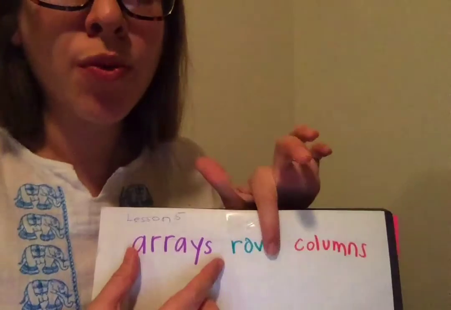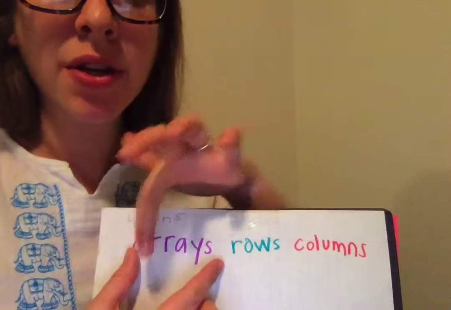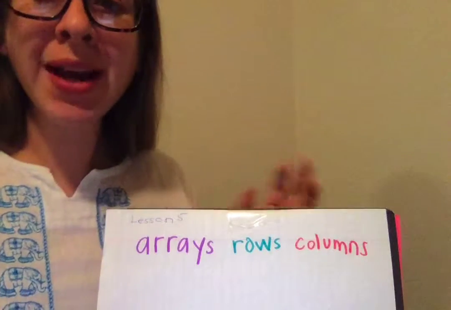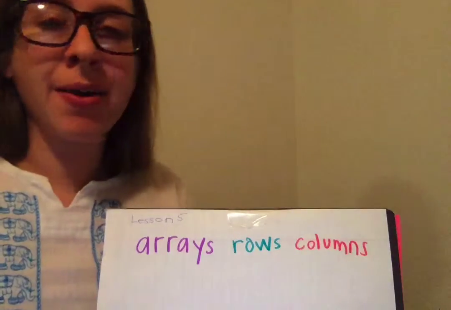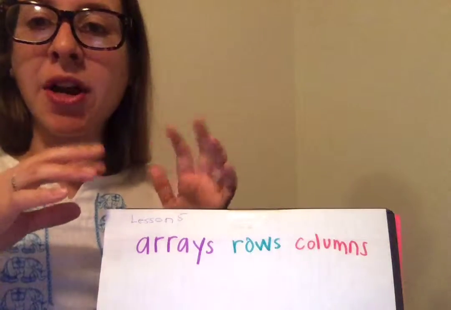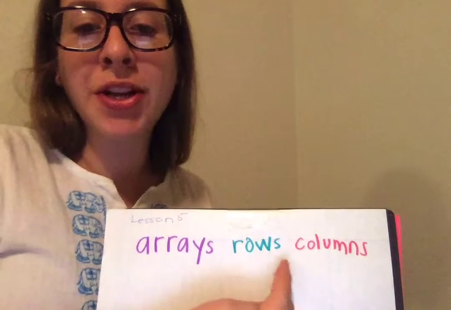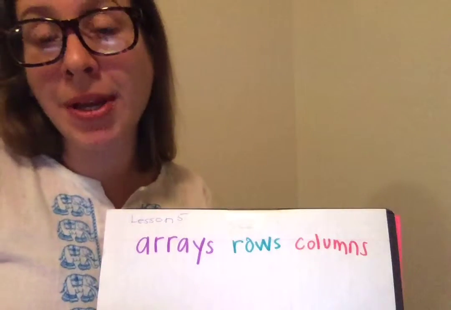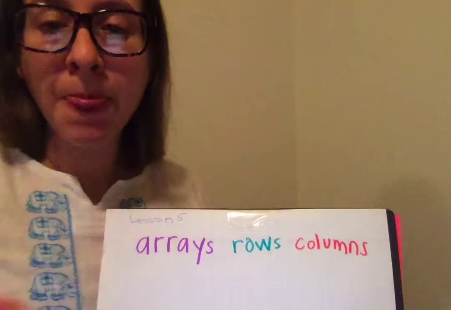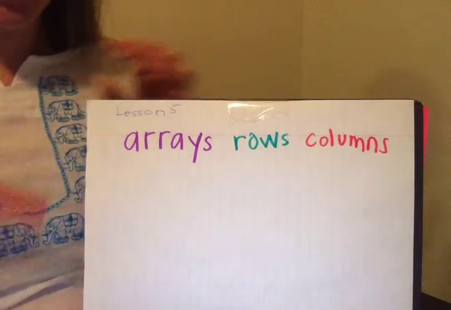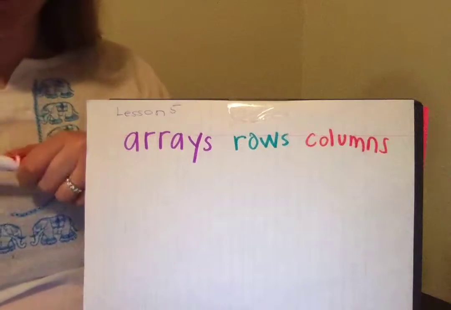Now we use rows and columns to create arrays, okay? So you might have flowers, for example, and they're all mixed together. And the way we arrange it in rows and columns will help you figure out how many flowers you have. Okay, so an array has rows and columns.